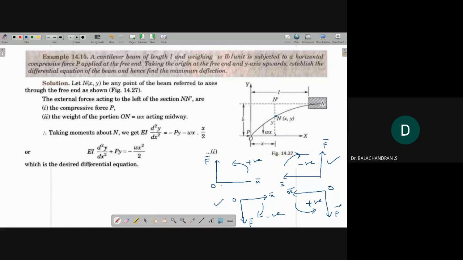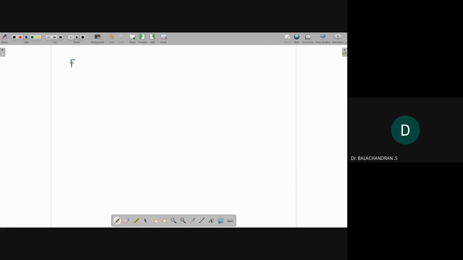Okay. So EI into d square y by dx square plus Py equal to minus omega x square by 2. Okay. So I will write quickly the next page. EI into d square y by dx square plus Py equal to minus omega x square by 2.